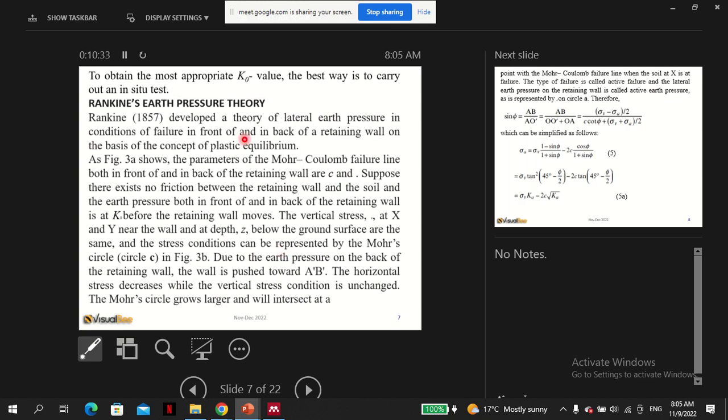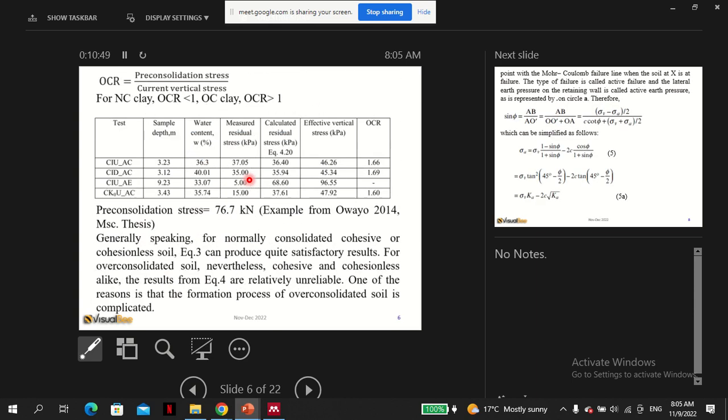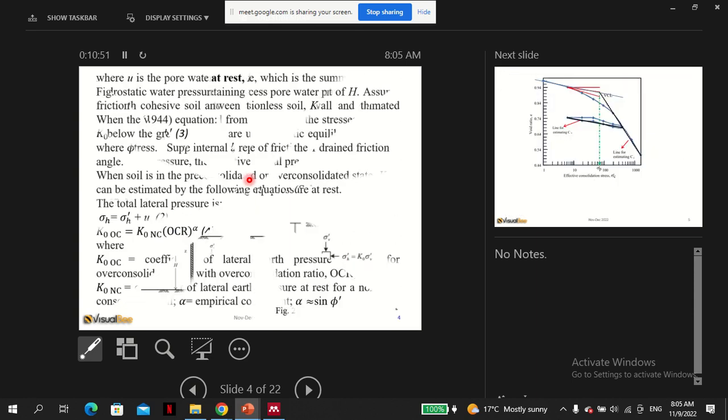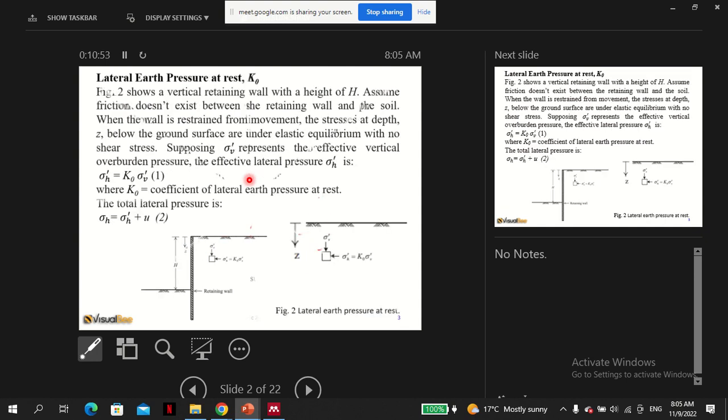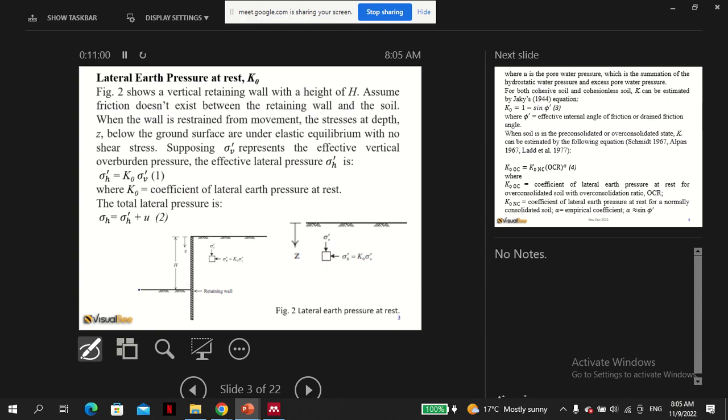Rankine developed a theory of lateral earth pressure in conditions of failure in front of and at the back of a retaining wall on the basis of the concept of plastic equilibrium. We say in front and at the back because we can have either passive failure or active failure.